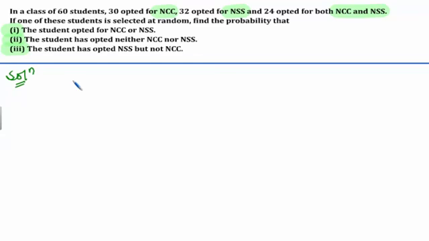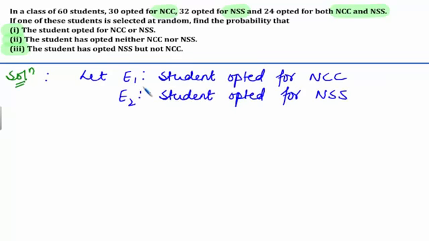And first let us define the two events E1 and E2 such that E1 denotes the event that the student opted for NCC and E2 denotes the event that the student opted for NSS. Now we are given that the probability of E1, that the student opted for NCC, is 30 upon 60, which is equal to half.